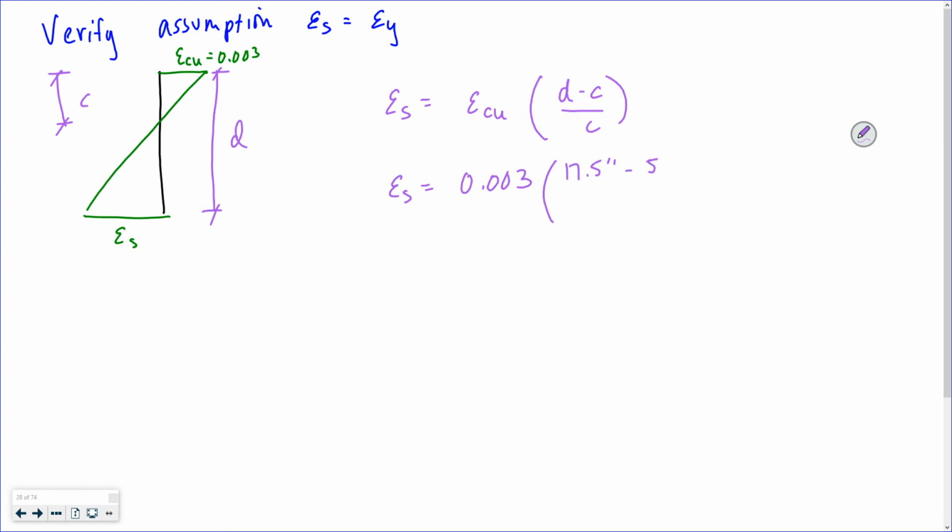Minus C, 5.47 inches, divided by 5.47 inches. That gives me some good news, right? 0.0066, not going to matter.